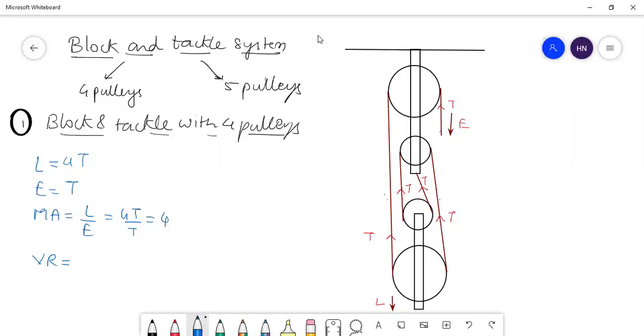If I say this system is moving up by dL and this is moving down by dE, there are 4 strings which obtain the change dL. So the distance moved by effort is 4 times the distance moved by load. If I apply the formula dE by dL, you get 4 by 1, which is equal to 4.